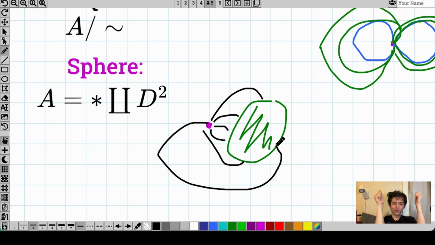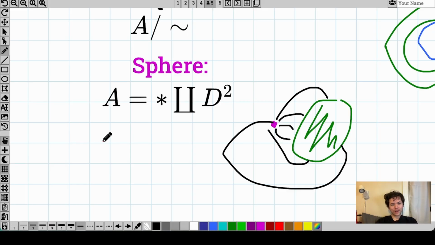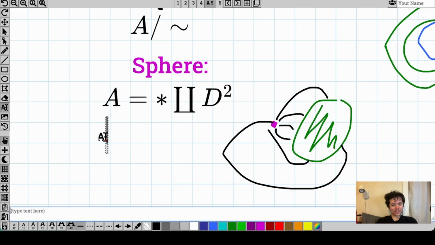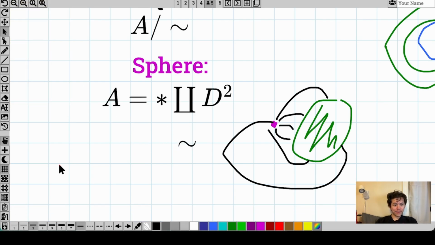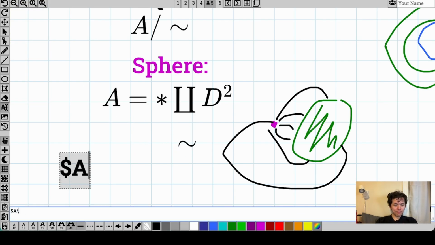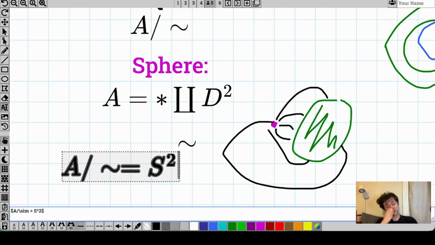But these are really the intuitive things that you do in topology. And so you define this gluing data as follows. And then your A mod sim is equal to a sphere, a two-sphere, which we write this way.